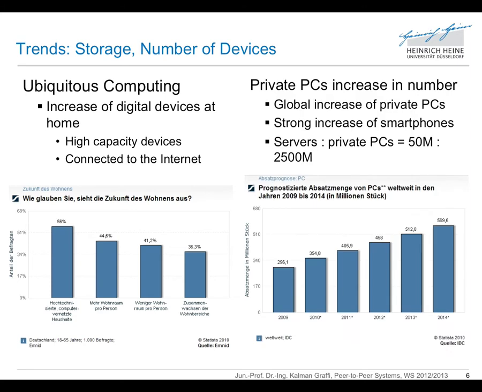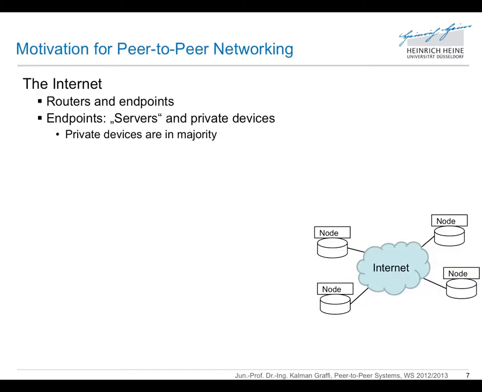And also the PC count increases. So we also have more and more devices at home. So now we also have a mobile phone that's as powerful as a desktop PC 5 years ago, and tablets additionally, and so there's lots of resources available, and that is not really used currently.